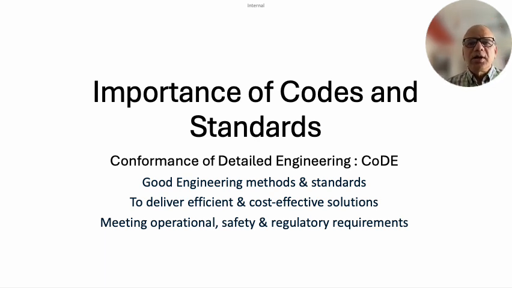Detailed engineering may be a detailing of design, detailing of manufacturing, detailing of testing, detailing of the overall acceptance standard for the product or the part, and it could be the final documentation and the way the documentation will be submitted.